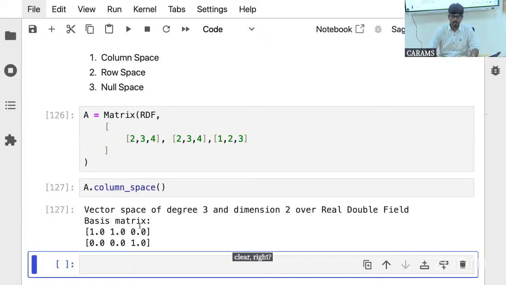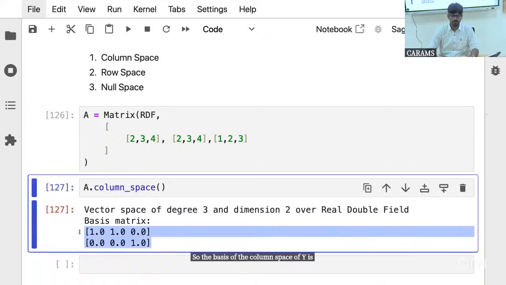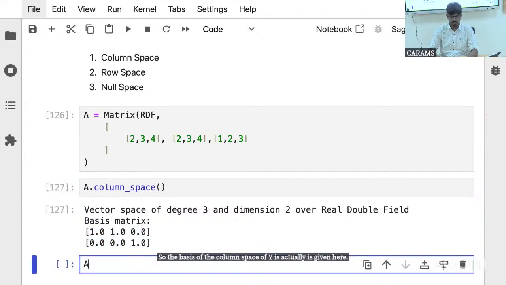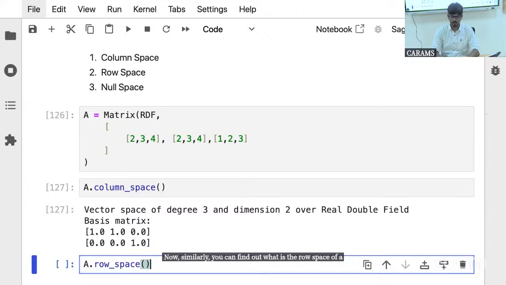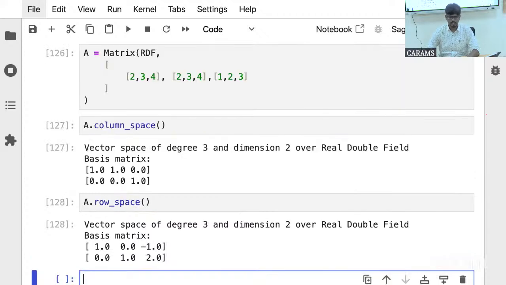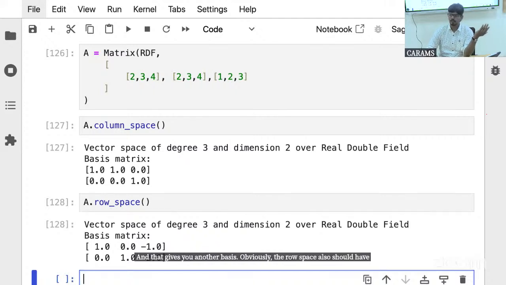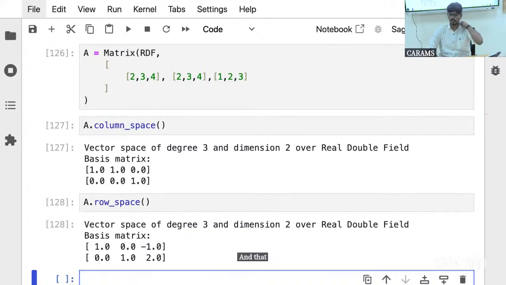So the basis of the column space of A is given here. Similarly, you can find the row space of A, and that gives you another basis. Obviously, the row space should also have dimension 2, and it will have this basis.